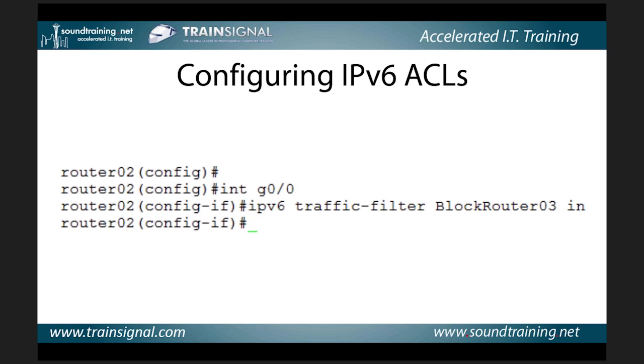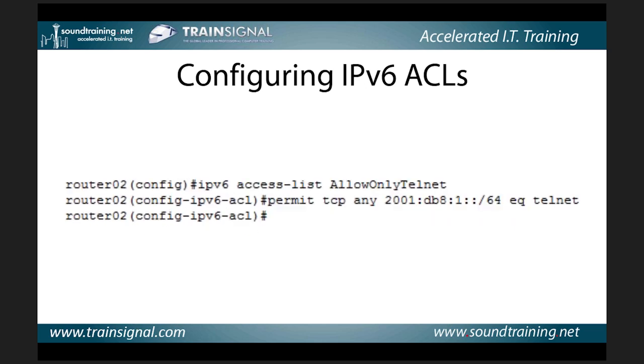So we don't use access group, now we use traffic filter. Not sure why they felt the need to change it, but they did. So that's really all there is to configuring IPv6 ACLs at a high level. A lot of the same concepts apply as working with IPv4.